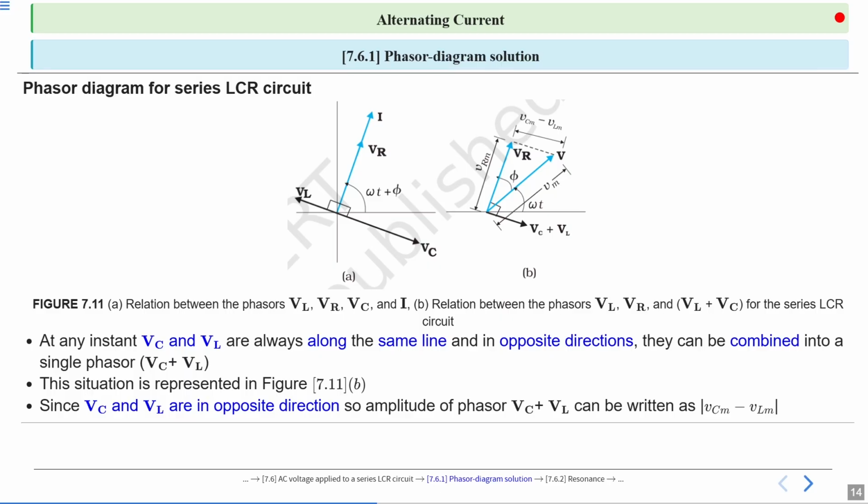So we have taken a negative sign, because we have taken it in the opposite direction, and we are applying the modulus. Okay, this is the amplitude of the VC plus VL phasor. Either VCM can be greater or VLM can be greater, and we don't know which one is greater. It is based on their properties, their specification. That's why the modulus is applied.